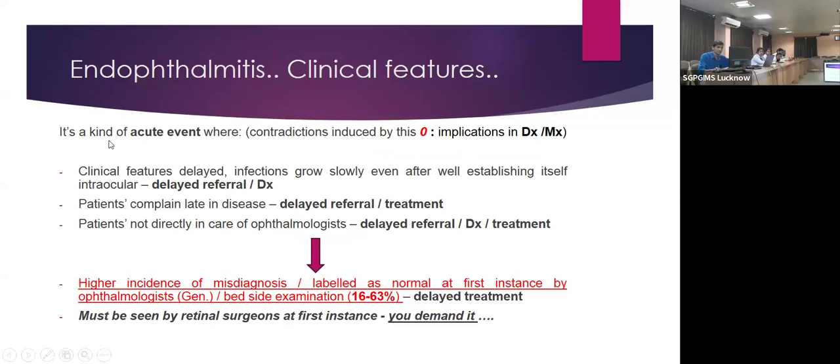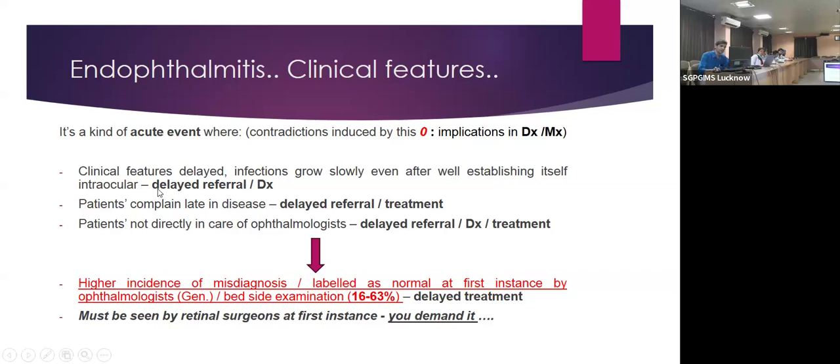Actually, it is a kind of acute event, but clinical features are very much delayed. That means infection grows very slowly, even after well establishing itself in the intraocular space. And this is responsible for the delayed referral and diagnosis. The patient is in the hospital, but not directly in the care of the ophthalmologist. He is in the care of the nephrologist, hematologist.